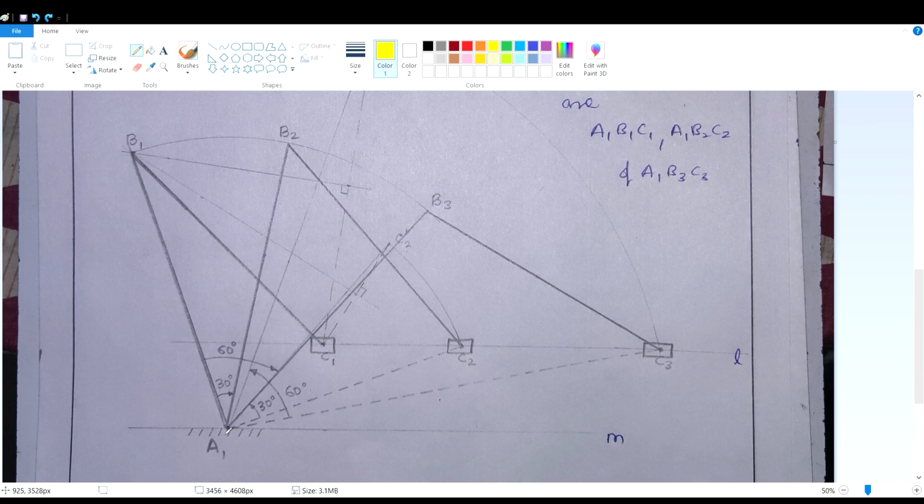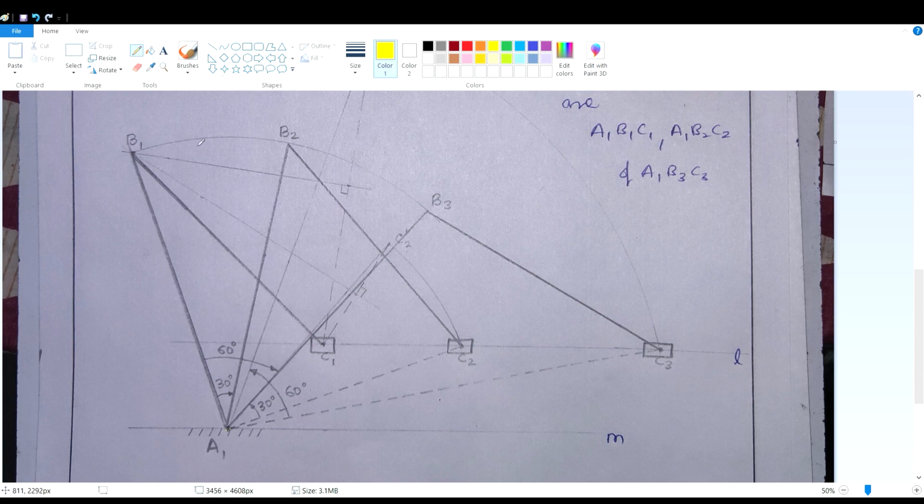So this is the first position. After that, for getting the second and third positions, we will first make an arc having center A1 and radius A1 B1 on the right side.